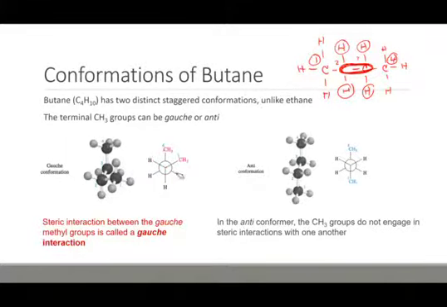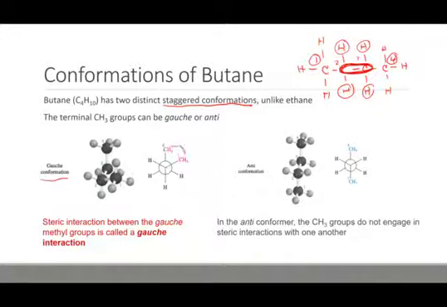When we look at butane, it can be in 2 distinct staggered conformations. So unlike in our ethane and propane, when butane is staggered, meaning when the hydrogens are not overlapping, you still have 2 unique types of positions. So again, when groups are not overlapping, we can still have a position called a gauche conformation.